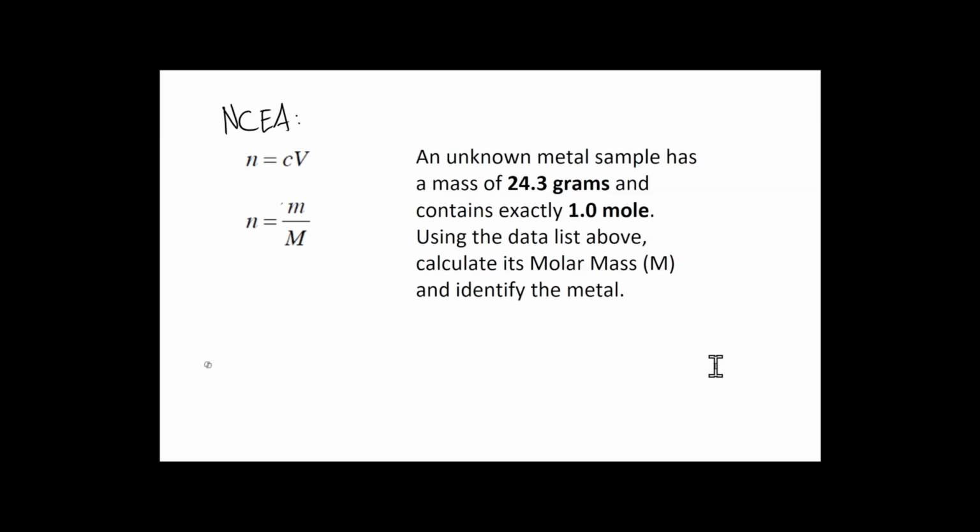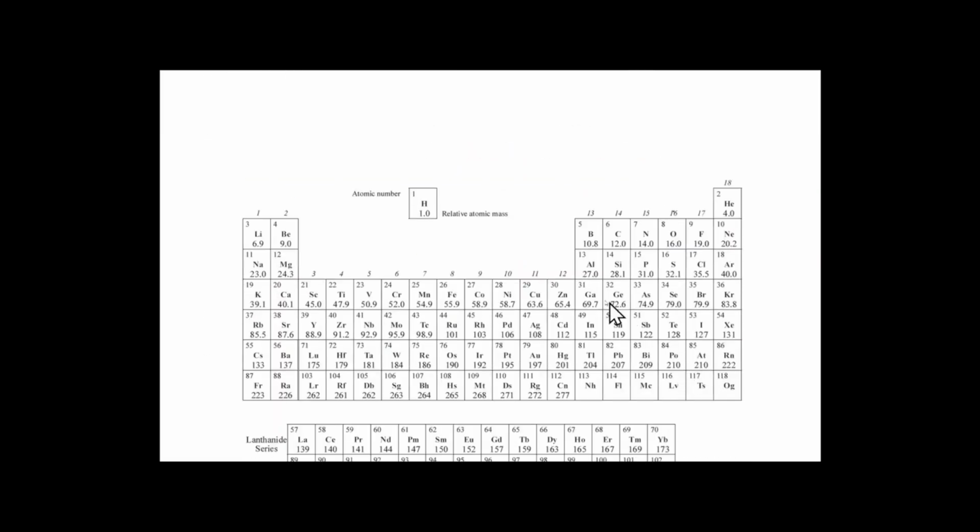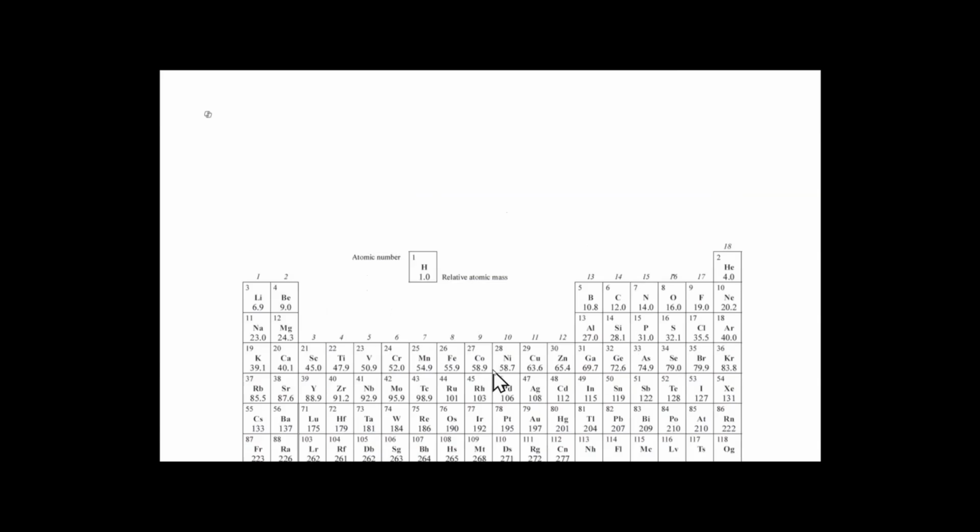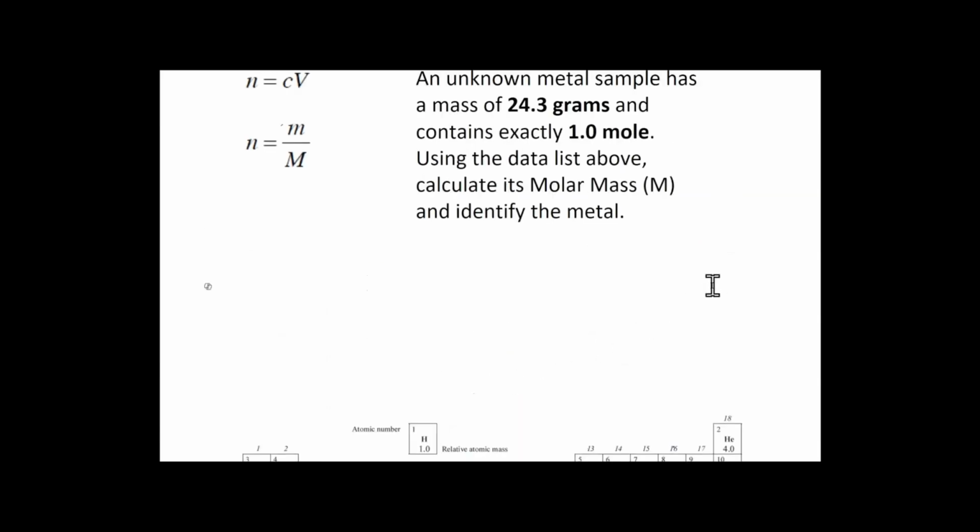So let's go to our periodic table and look for 24.3 grams. And it has to be a metal. And here we have our winner, magnesium. Are there any more? Nope. So that means our winner, chicken dinner, is magnesium.